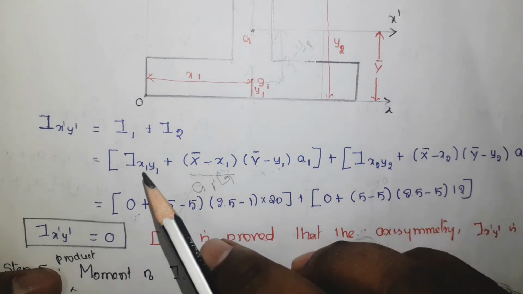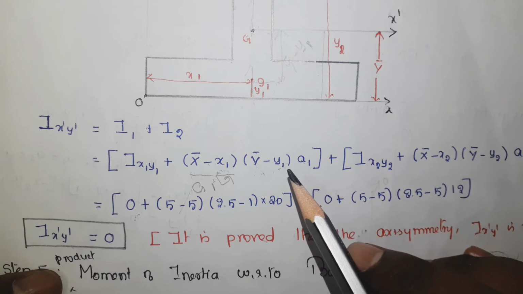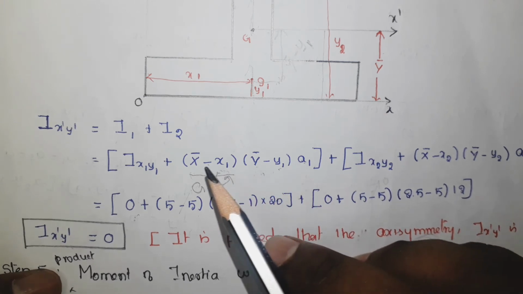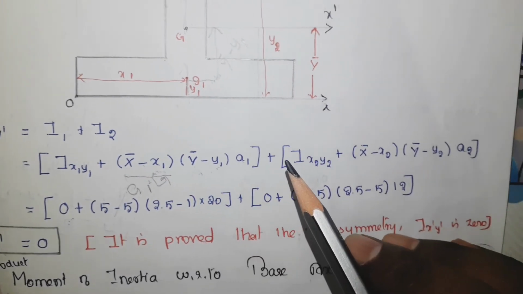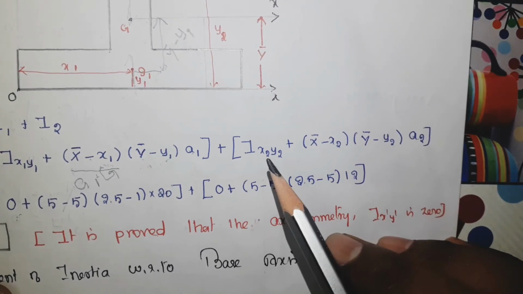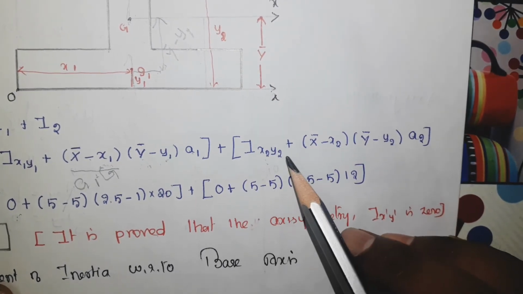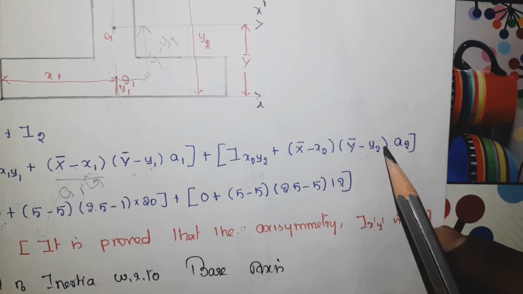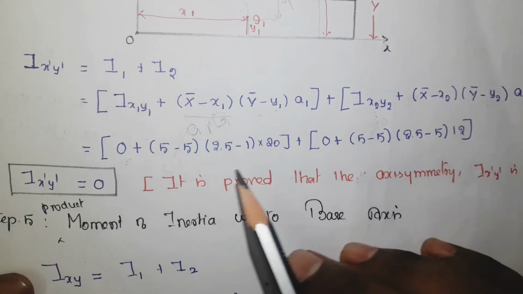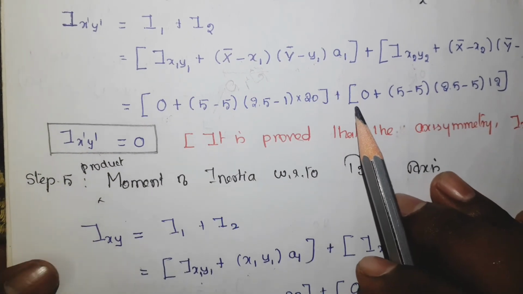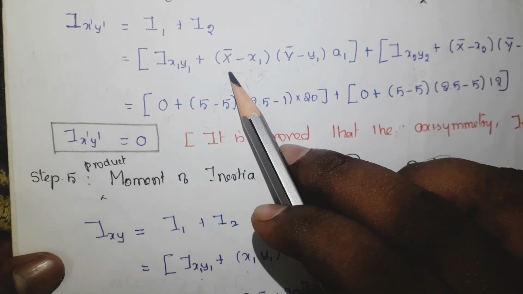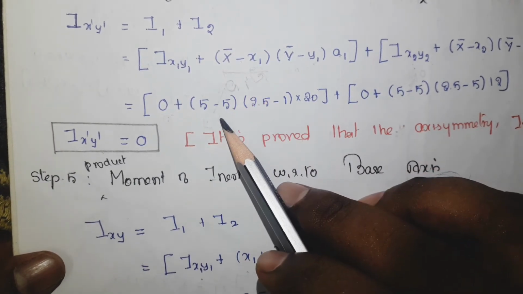So this is the parallel axis theorem for the product moment of inertia, for the first rectangle. Similarly for the second rectangle, the same formula, but the notation is changed: x2 y2, here also x2 y2, and here A2.